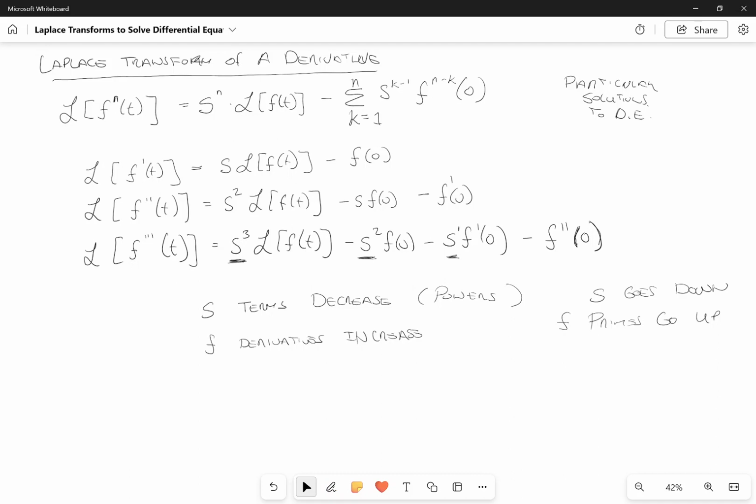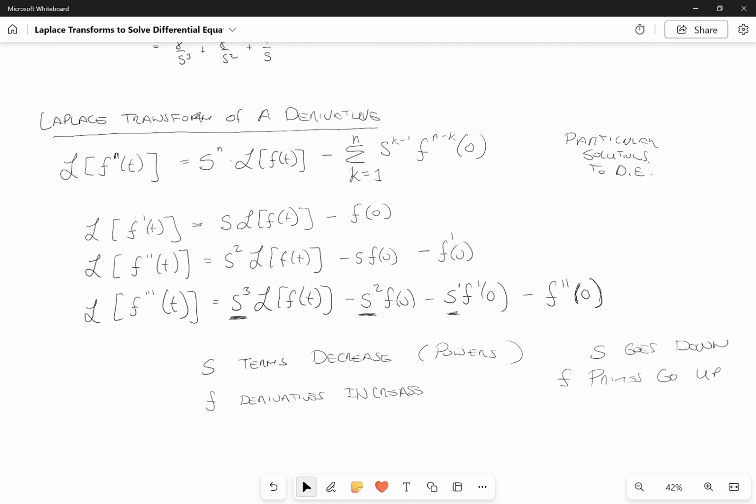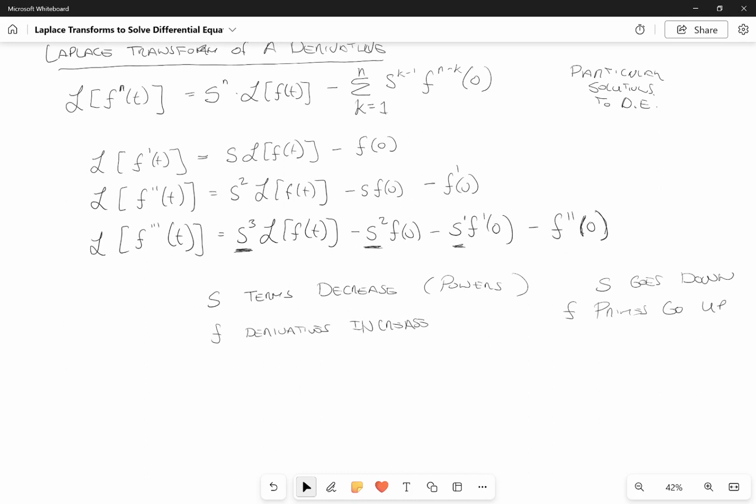So instead of remembering this formula or writing it down, I find it easier to look at this. I know I'm subtracting f at 0, but is it f at 0, f prime at 0, or f double prime at 0? Well, it's going to go up as you go to the right. So s powers go down, primes go up. You keep increasing f prime.